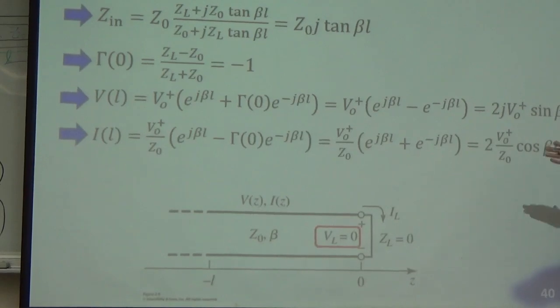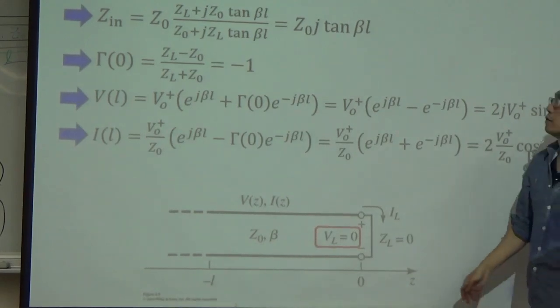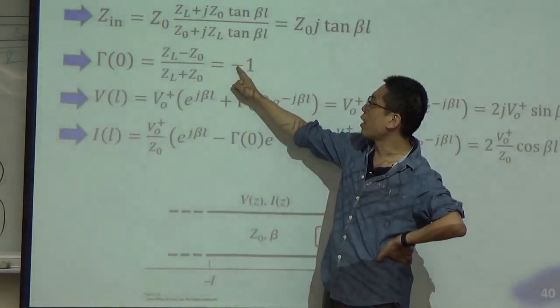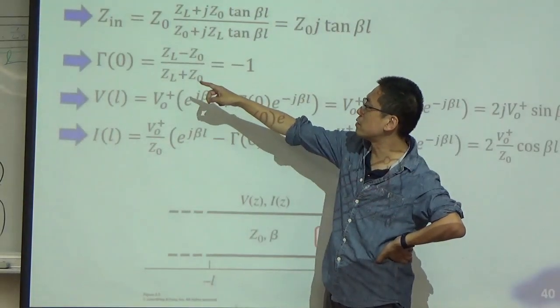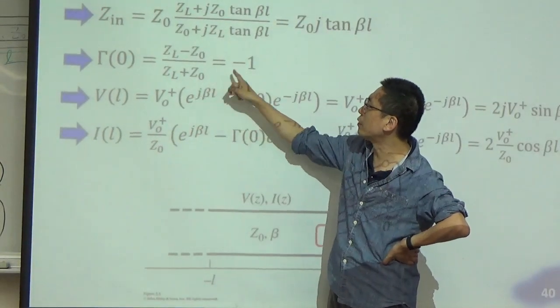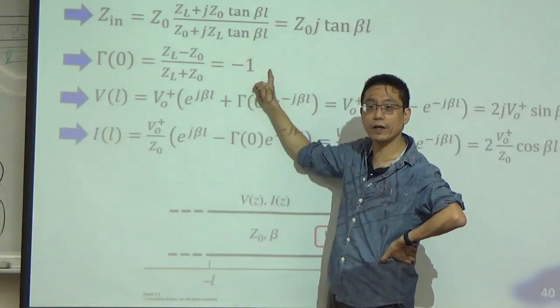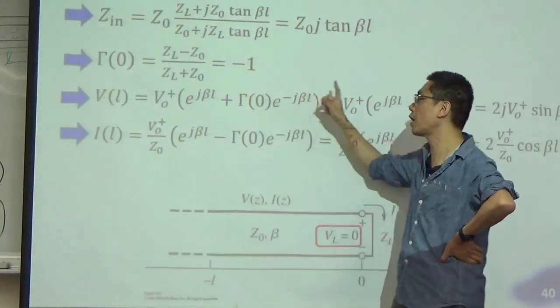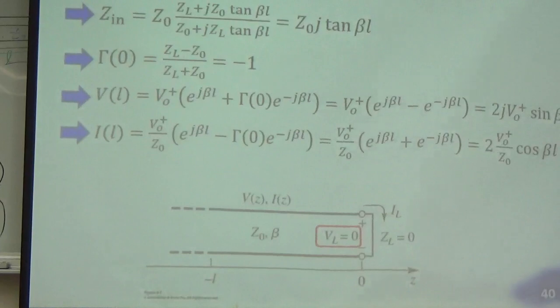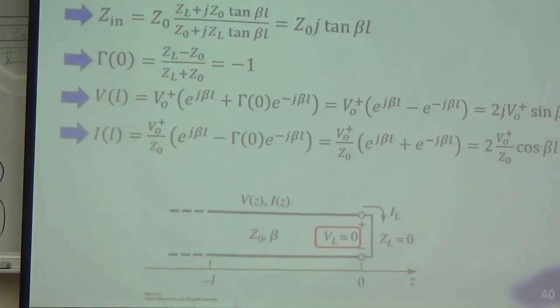You just put everything in except the important key point. You have Z0, gamma 0 is -1. If you put gamma 0 as -1, you can obtain your voltage function and the current function.